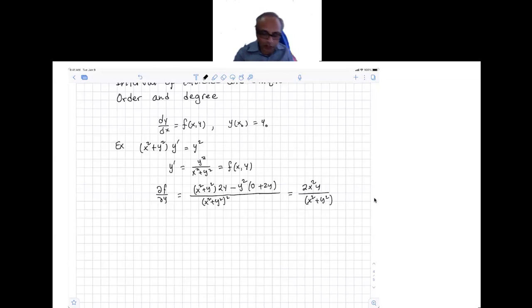Now look at your domain in the xy plane and figure out where f of x, y and df dy are continuous.